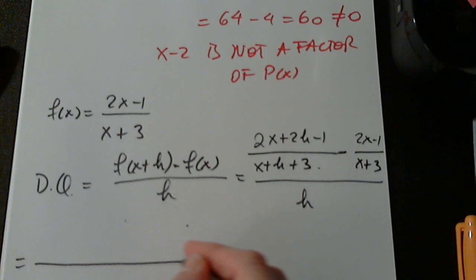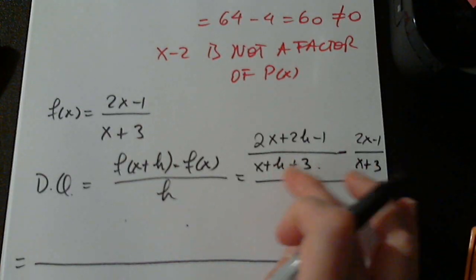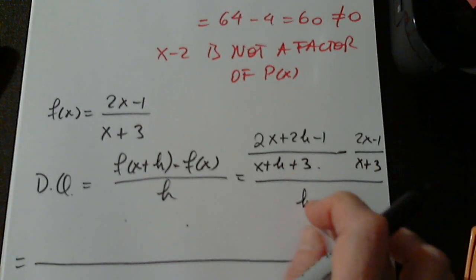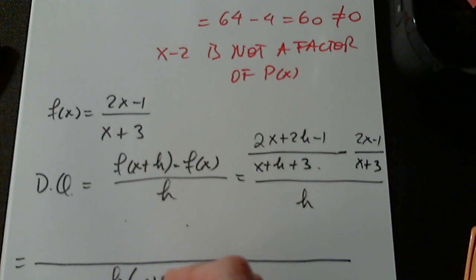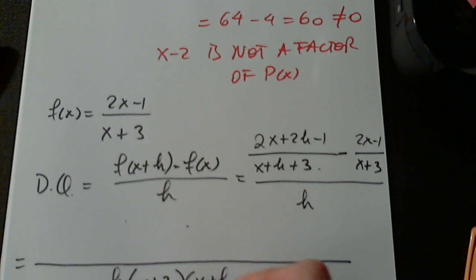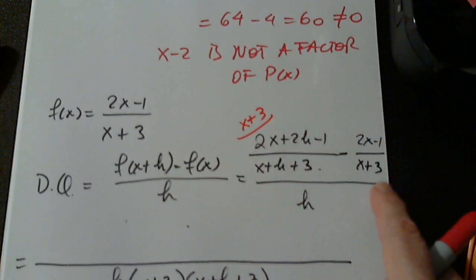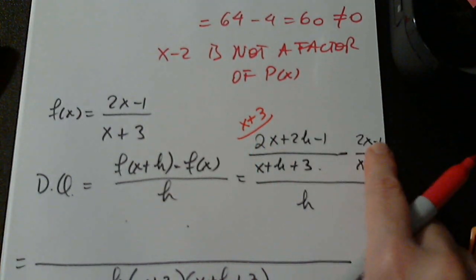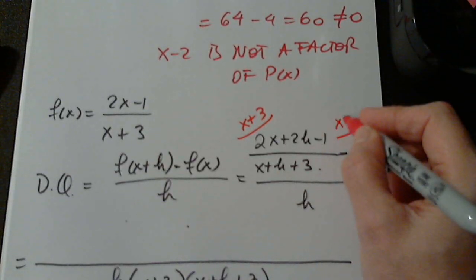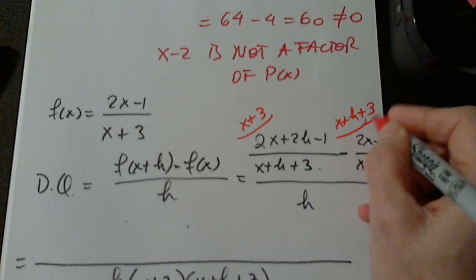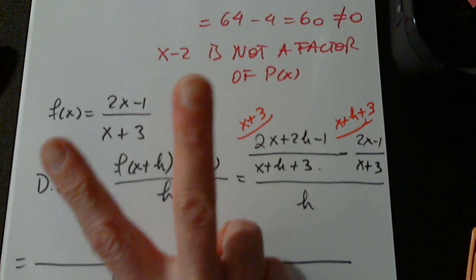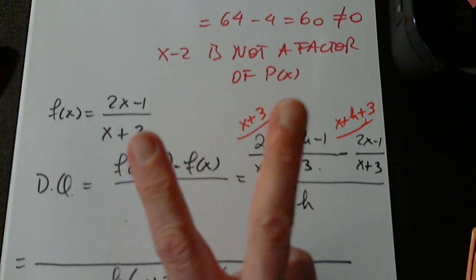Please write the least common denominator, which is always the product of these two, and then you will eventually multiply by the denominator. Please remember to make the necessary adjustments. So this needs an x plus 3, and this one needs an x plus h plus 3. Please remember 2 notes.